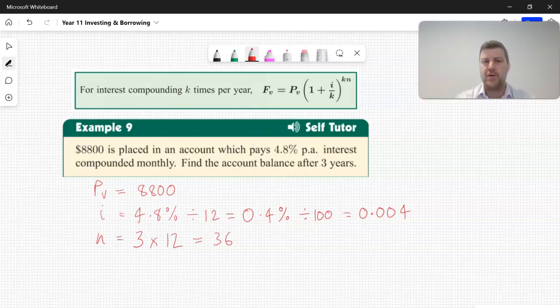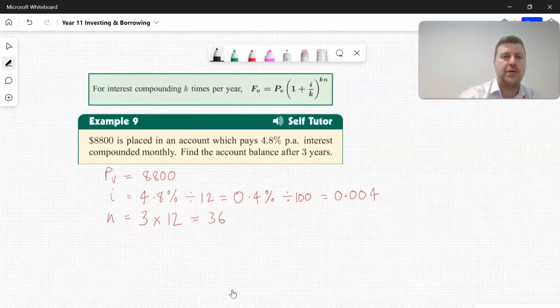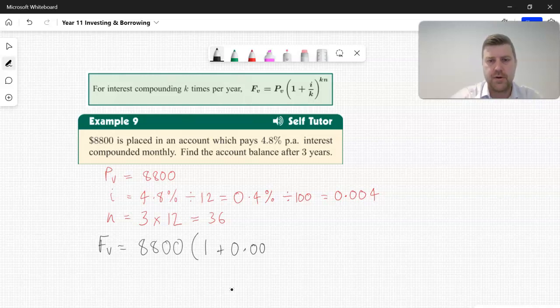Anyway, now that we have those values, it is simply a matter of inputting them into the formula to work out that future value. So future value is equal to, in this case, the present value or the initial principal that was invested of 8,800 times by 1 plus my new interest rate per month, which is 0.004 to the power of the number of periods, which in this case is 36, 3 years times by 12.